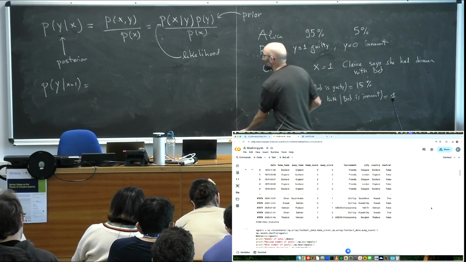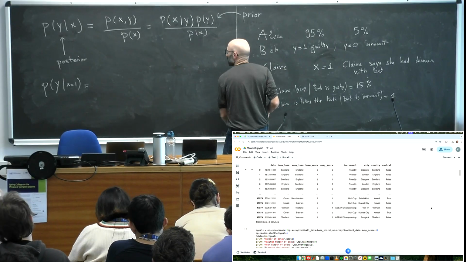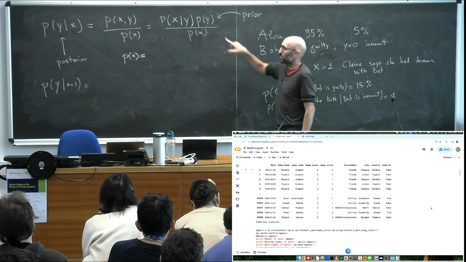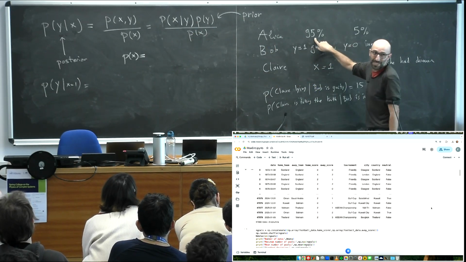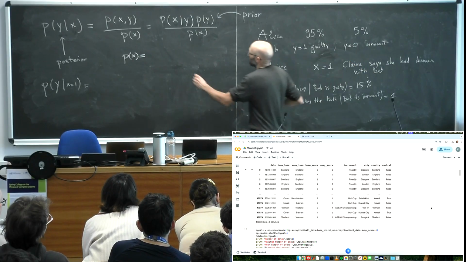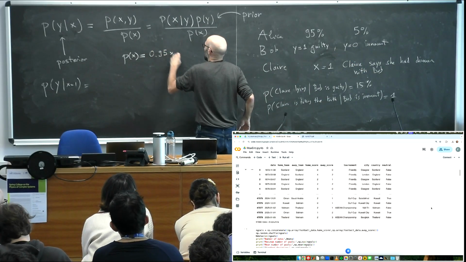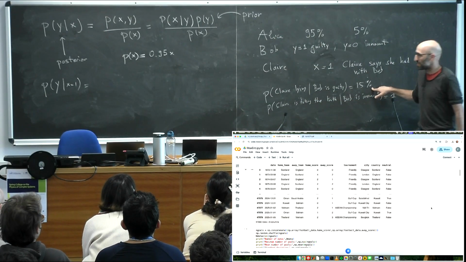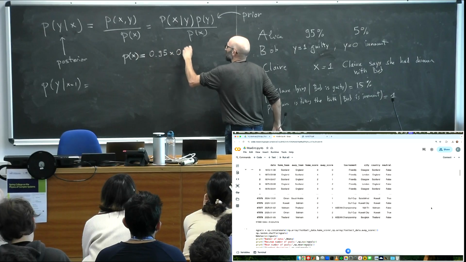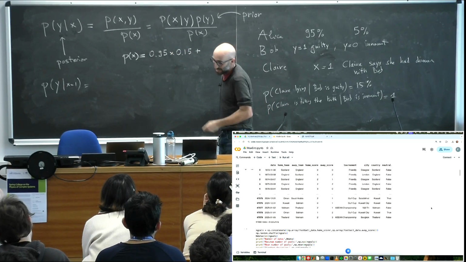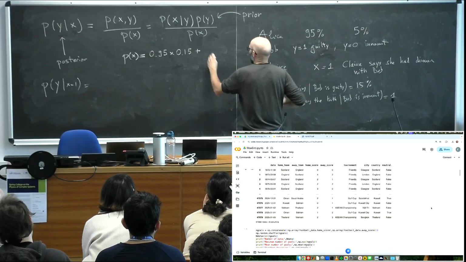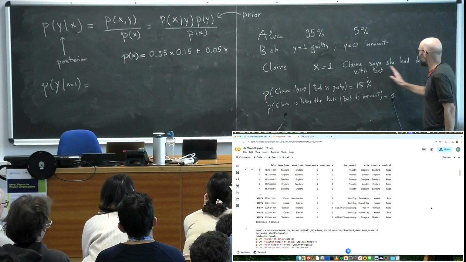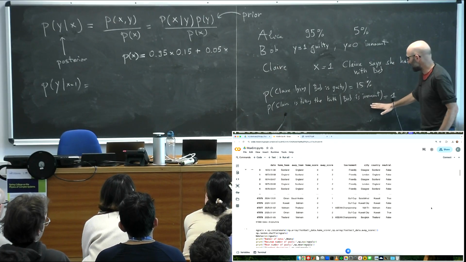So P of x will be equal to the sum over y of the numerator. So this will be, with probability 95%, Bob is guilty. So you get 95%. And if Bob is guilty, the probability that Claire is lying is this one, right? Plus the probability that Bob is innocent, which is 5%, times the probability that Claire will tell you that she had dinner with Bob, given that he's innocent, which is 1.